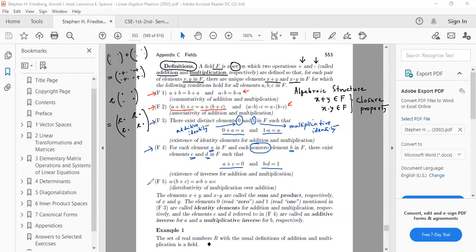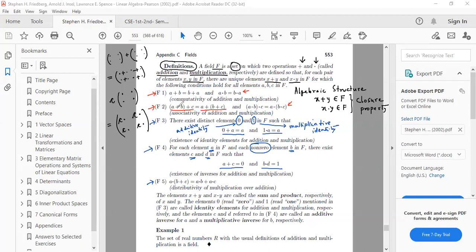And lastly, we need a property which combines. Look at the properties F1, F2, F3, F4. Separately, these have been written: A plus B equals B plus A with respect to addition, A dot B equals B dot A with respect to multiplication.